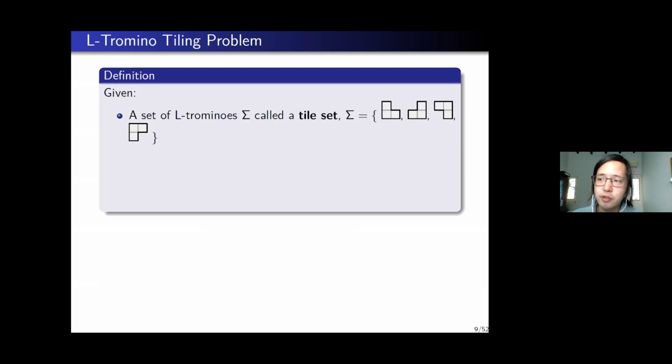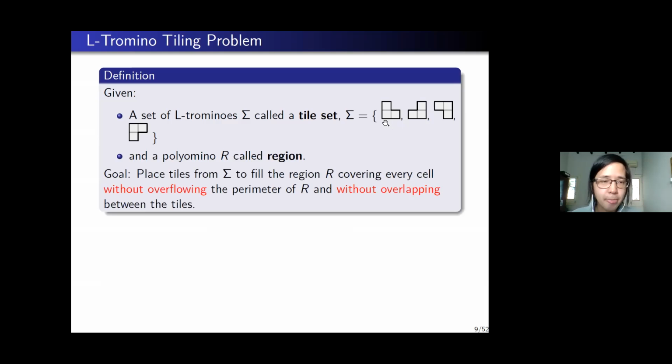The tiles can be used as many times as you wish, and in this particular problem of L-tromino tiling, we have 4 orientations of L-trominoes. The region is another polyomino, usually bigger, and it defines the area that should be covered.